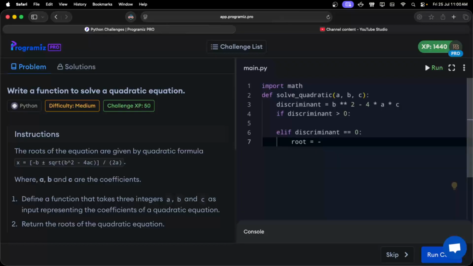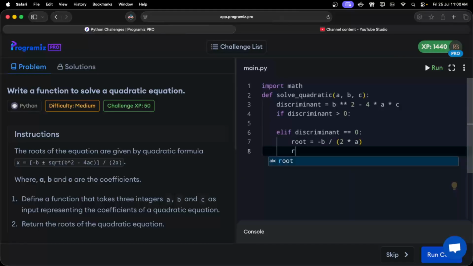So we simply do minus b and divide by 2 times a. That's what we need to figure out, and then we can simply return root comma, right? So in this situation, since c is 0, let's suppose c is 0, and minus b is whatever the value is, so we just give that out, right?